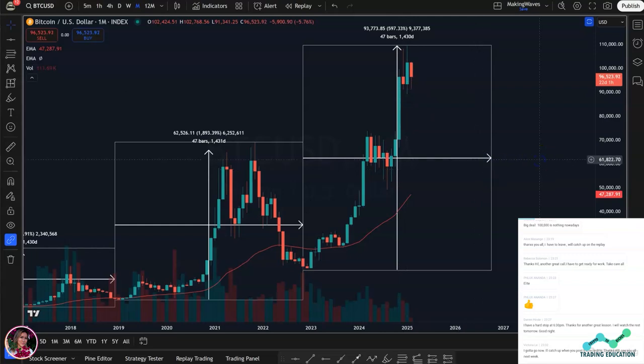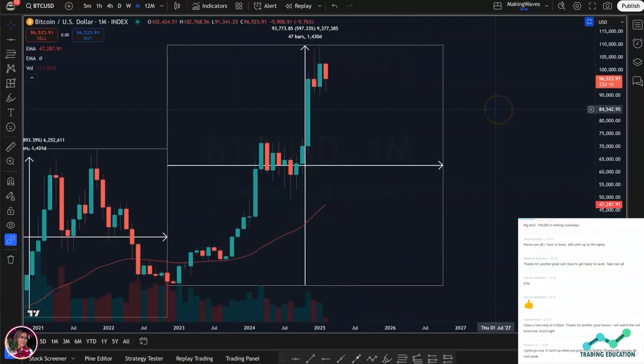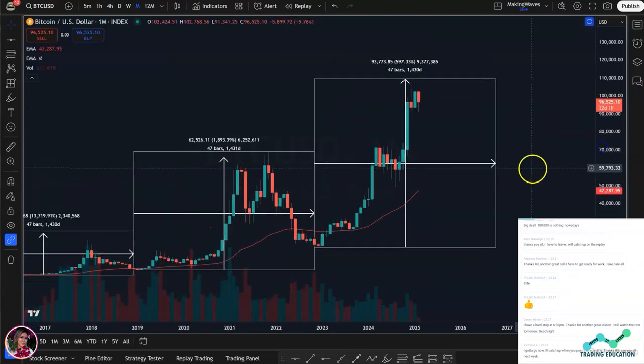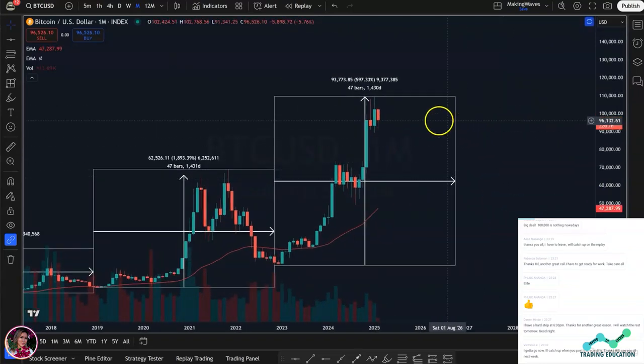And we made an all-time high past the halfway point. The all-time high happened in January at 109K. So what I'm showing you is this has already proven to be a right translated cycle. The current one we're in, all-time high is up here.